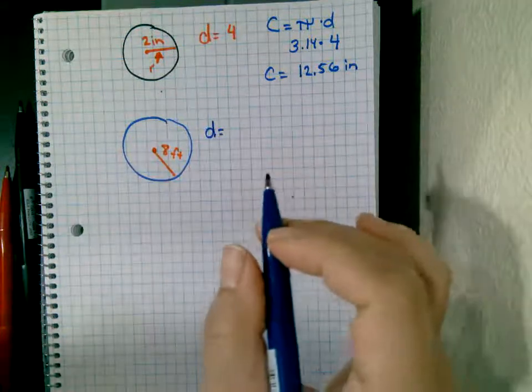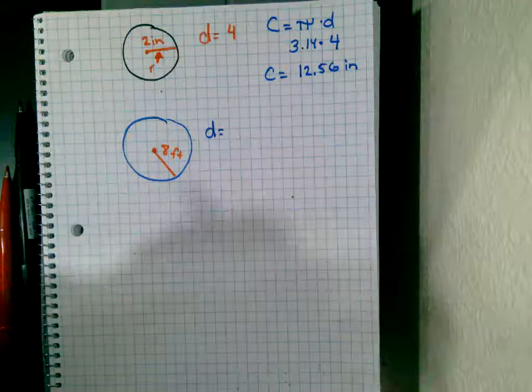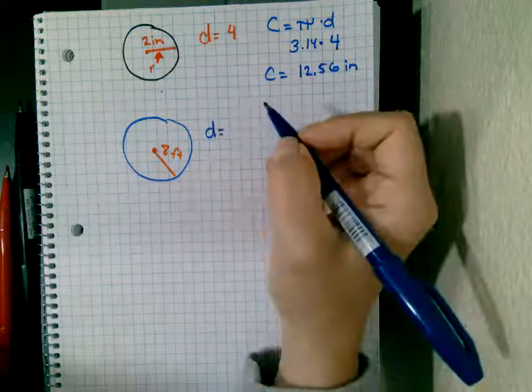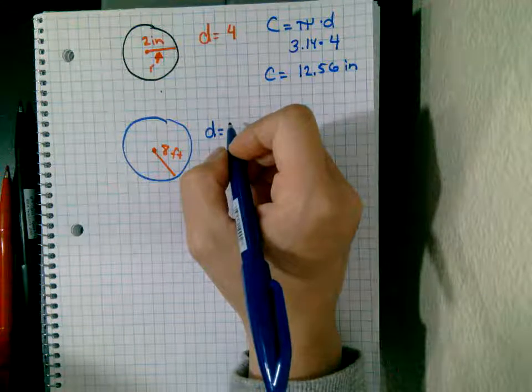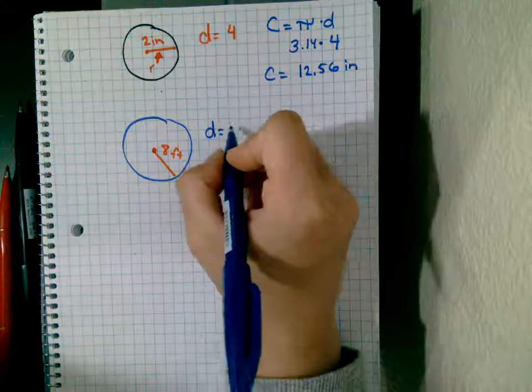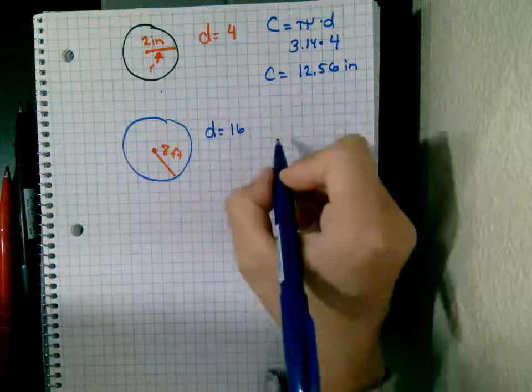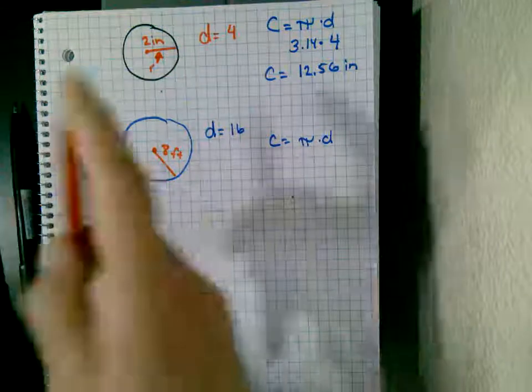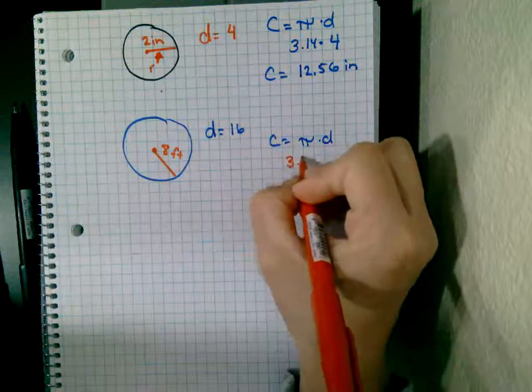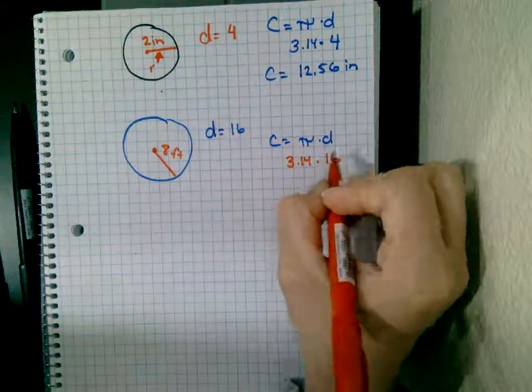Before we start doing circumference, we got to make sure we have the correct information. So we got to make sure that we know what the diameter is. The diameter for this problem is 16. Thank you, 16. So now we can use that information to plug in. So pi is 3.14 times 16.